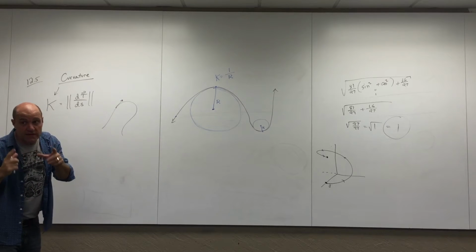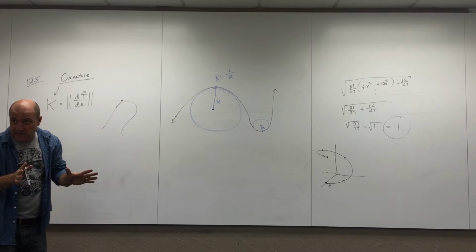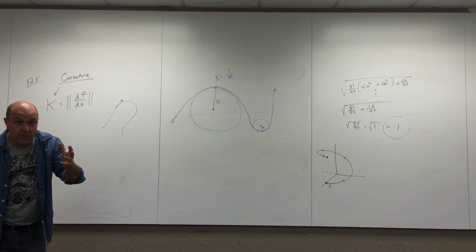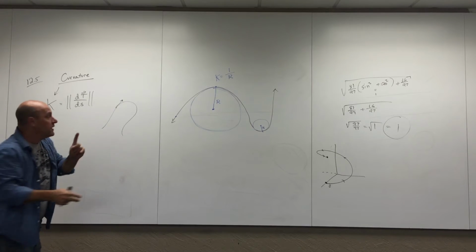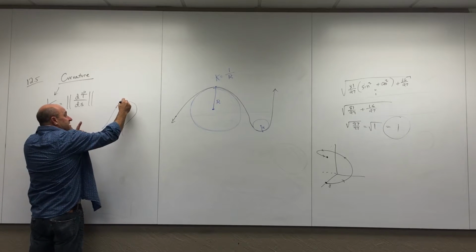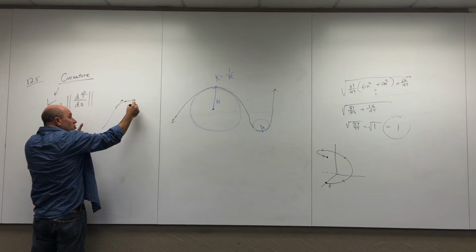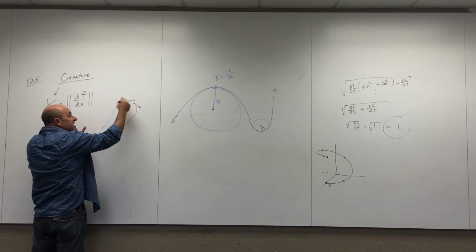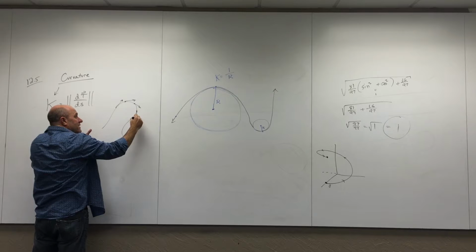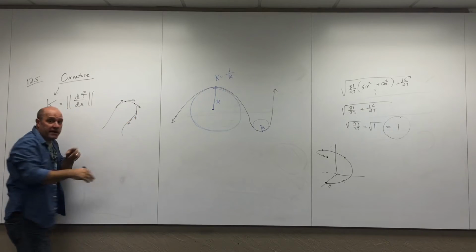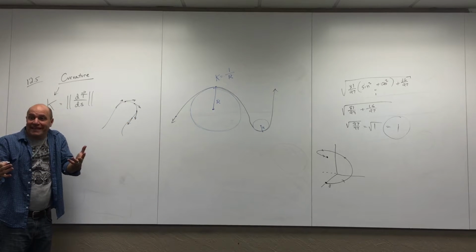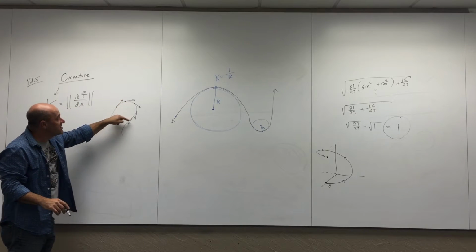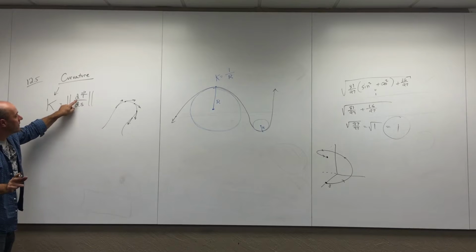This was from Monday's class: a unit tangent vector is a unit vector, so its magnitude is 1. As it moves around, is it changing its length? The answer is no, because it's a unit vector. It's always length 1. It's not changing length.